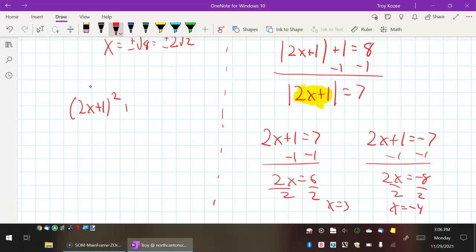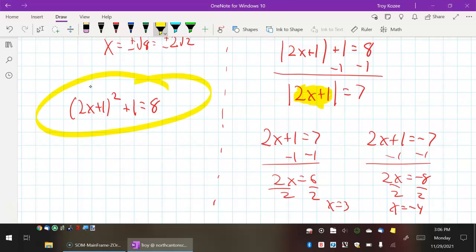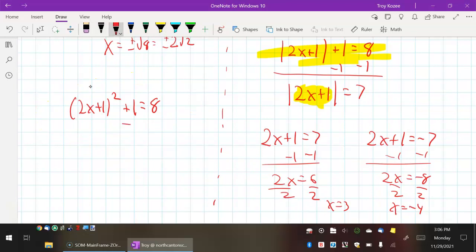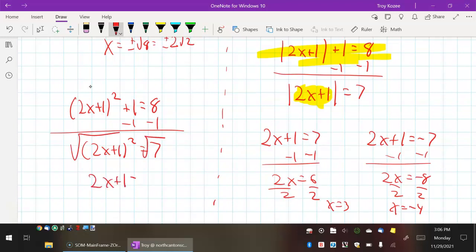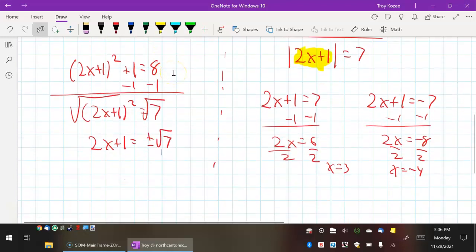Now your mentality with a problem like this needs to be the same as a problem like this. You have some things that you need to do before the core skill, and then you have that core skill, and then you have some things to do after that core skill.